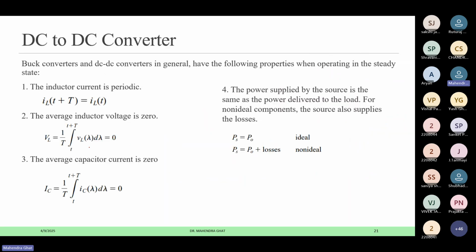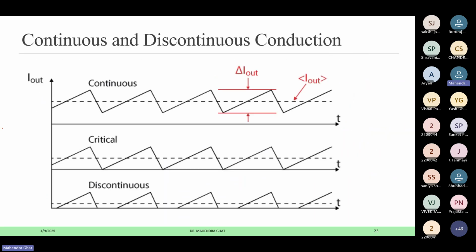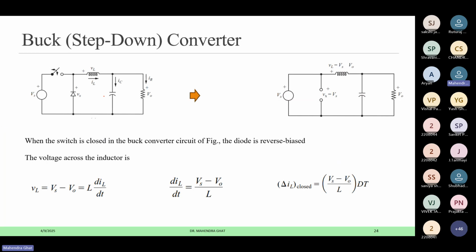From that basic operation, we tried to do the derivation. When the switch is closed, VL is equal to Vs minus Vo, which is nothing but L diL by dt. If I simplify diL by dt by taking L to the other side and integrate on both sides with dt, I get delta IL closed equal to (Vs minus Vo) by L into dt.